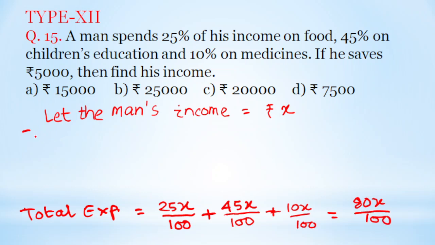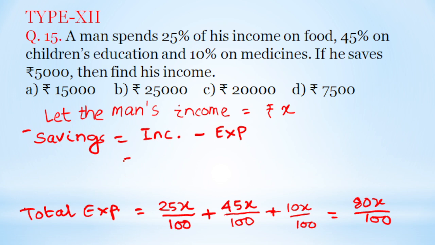Now savings is equal to income minus expenditure. Income is X, so X minus expenditure 80X by 100. So after subtraction it is coming as 20X by 100.